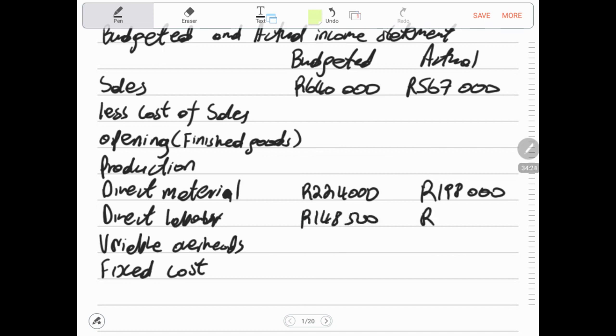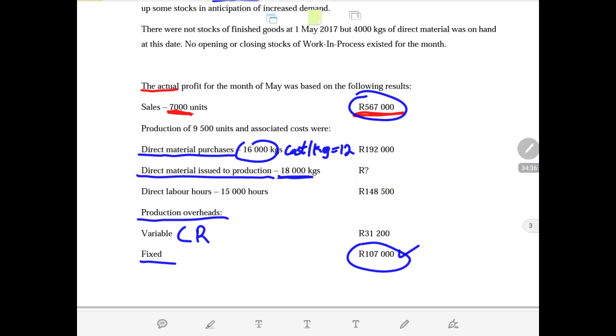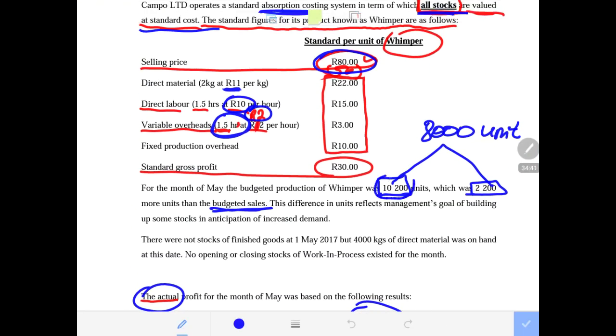Then I go to my budgeted, and check how much labor cost was supposed to be budgeted in order to manufacture the 10,200 units. My labor cost per unit is 15 rand.